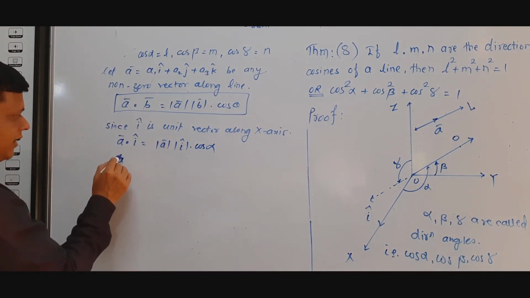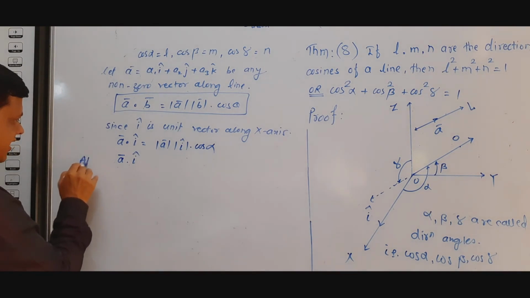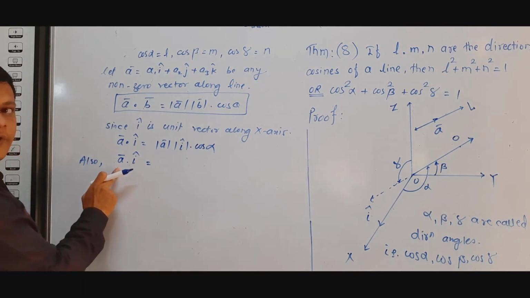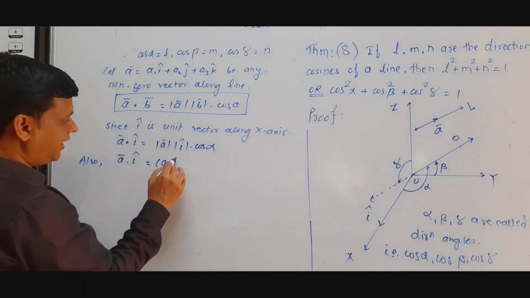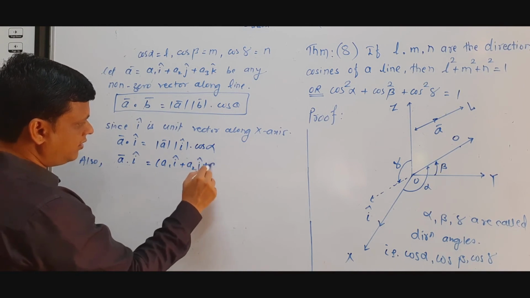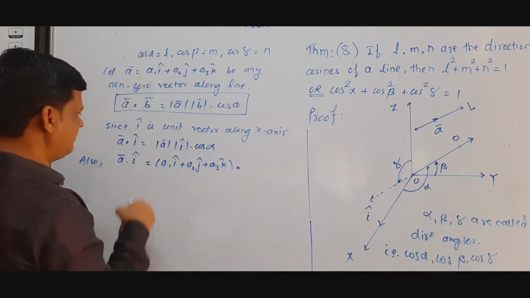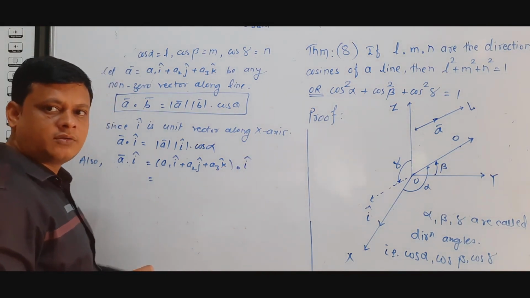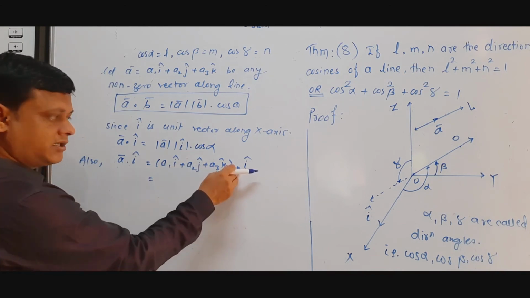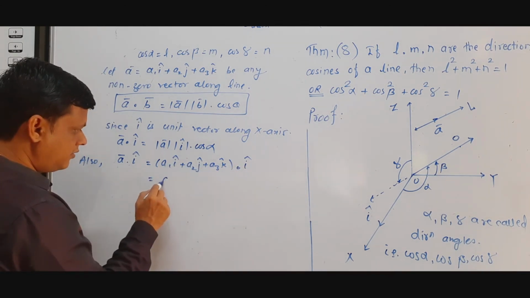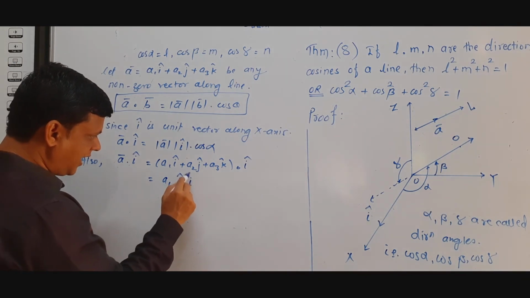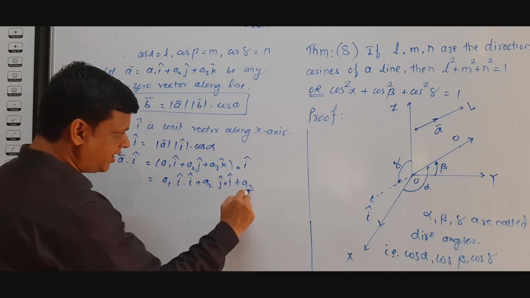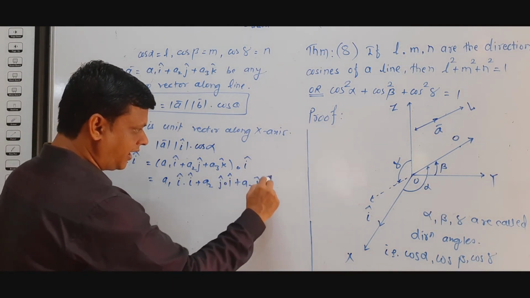If we calculate this value A bar dot i cap, we substitute the value of vector A as a1 i plus a2 j plus a3 k dot i cap. Now we use the dot product property, so we multiply by this unit vector i: a1 i cap dot i cap plus a2 j cap dot i cap plus a3 k cap dot i cap.